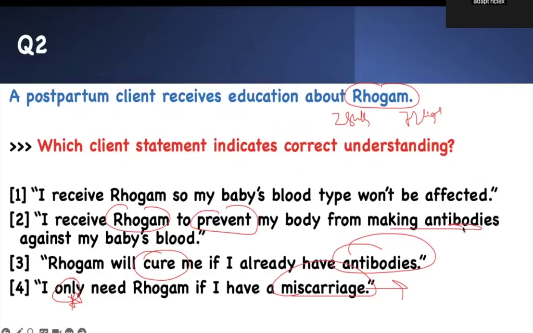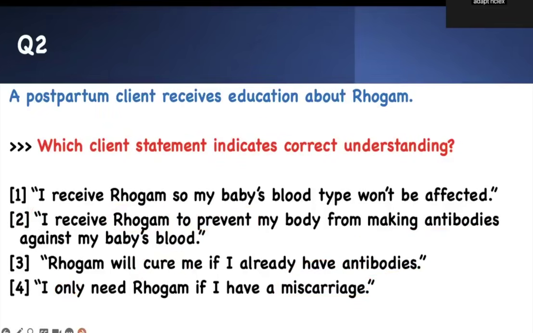That sounds more reasonable. It indicates correct understanding. What about, I receive Rhogam so my baby's blood type won't be affected? It has nothing to do with your baby, it's you. The baby's blood is going to be the same, but we don't want you to react with the baby's blood. Therefore, number 2 is your right answer.